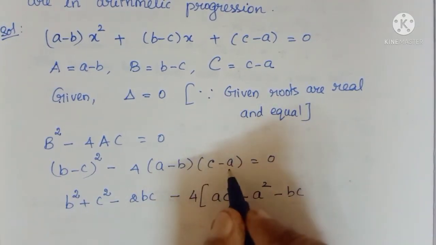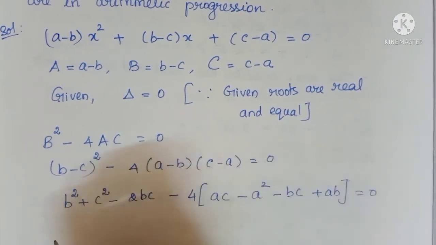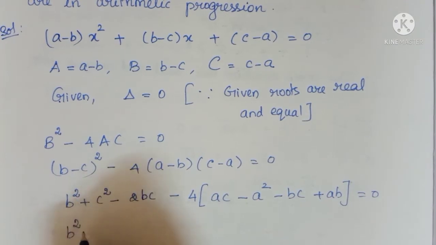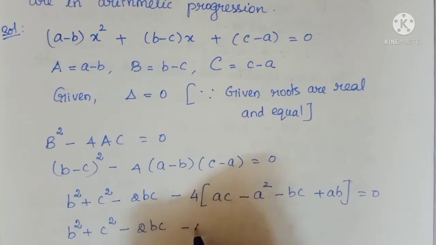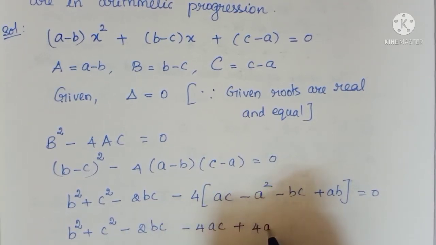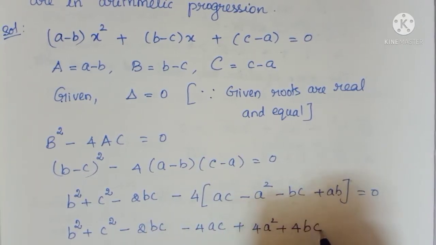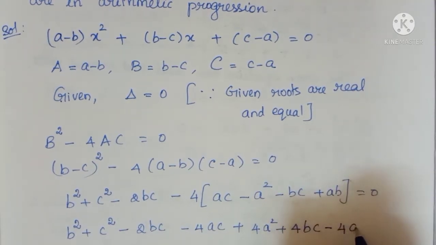Minus b into minus a is plus ab equal to 0. Now I am going to multiply 4 inside. So you will get b squared plus c squared minus 2bc minus 4ac minus into minus plus 4a squared minus into minus plus 4 into bc is 4bc minus 4 into plus ab means minus 4ab equal to 0.